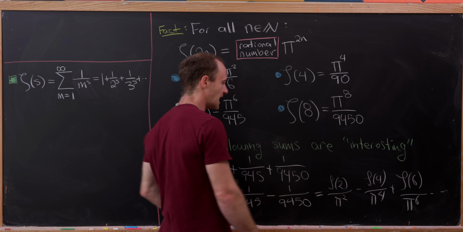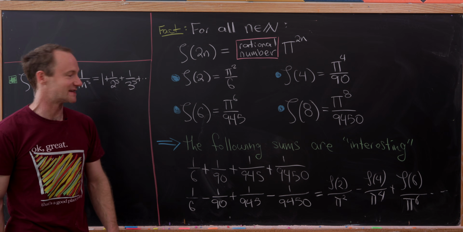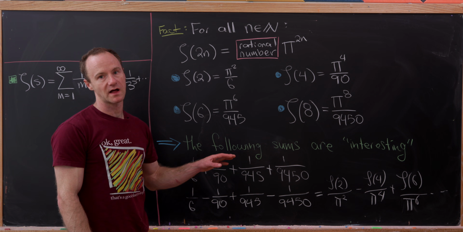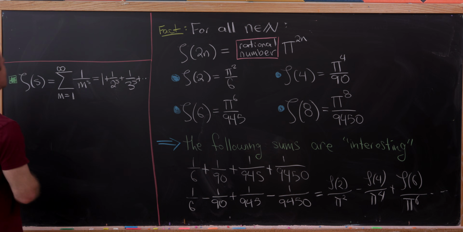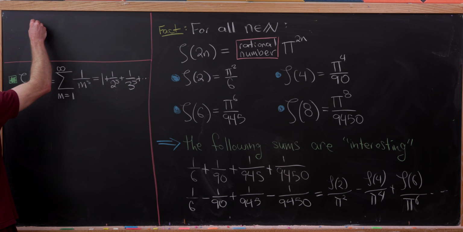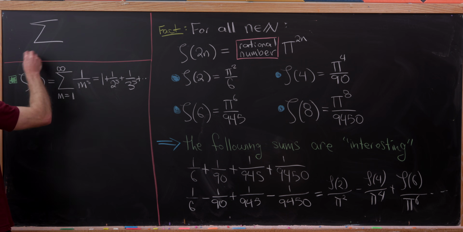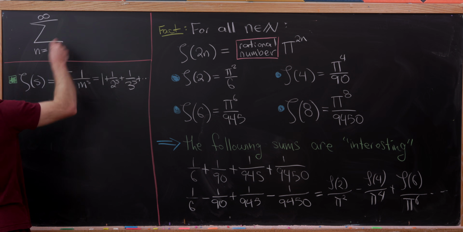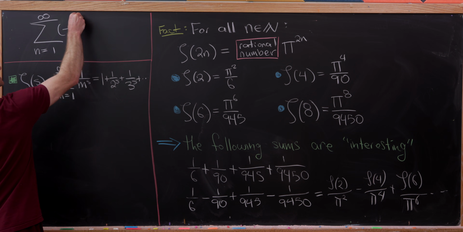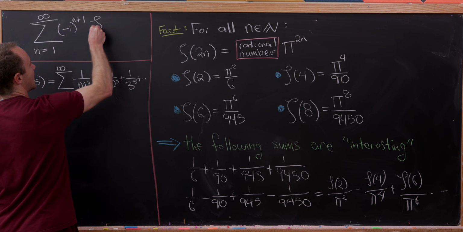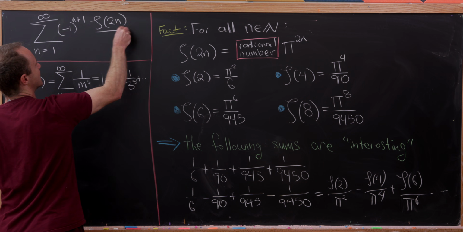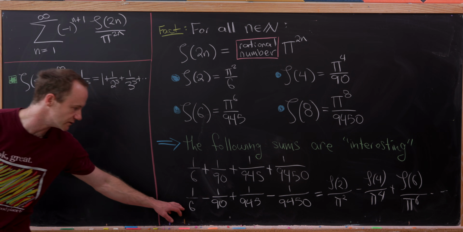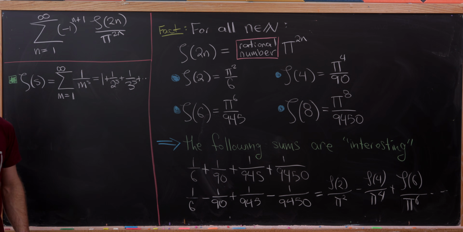You can probably see the shape that's happening here. Now we can formalize our goal a little bit more easily. Our goal will be to find the sum as n goes from 1 to infinity of minus 1 to the n plus 1 times zeta of 2n over pi to the 2n. That encodes this alternating sum down here.